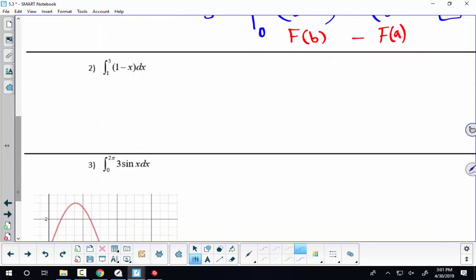Okay, how about the integral from 1 to 5, 1 minus x, dx?